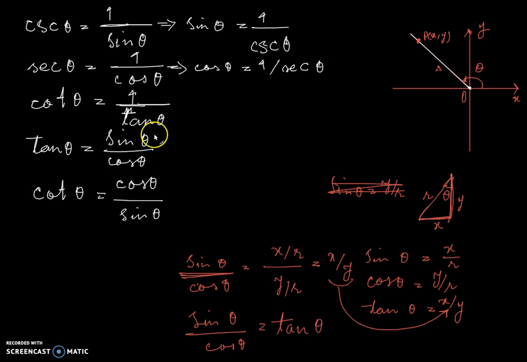And also tan theta is 1 by cot theta, and so on and so forth. So these are the important trigonometric identities. And now let's do another trigonometric identity here.